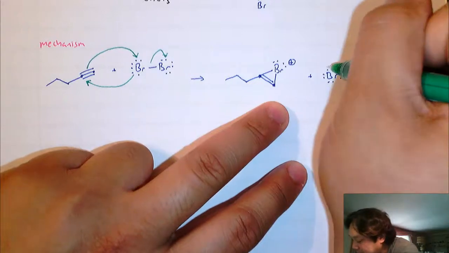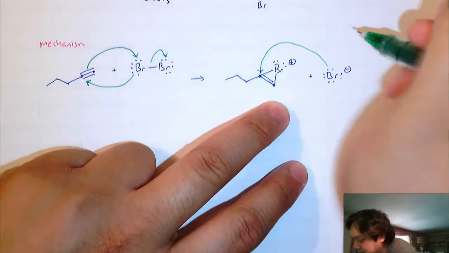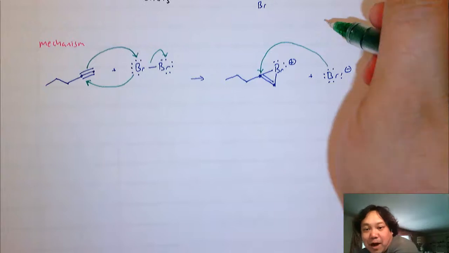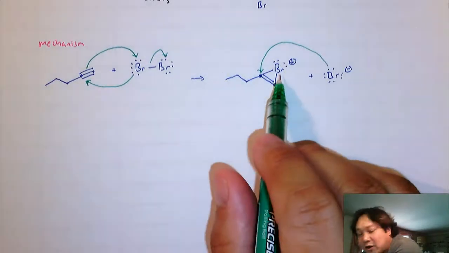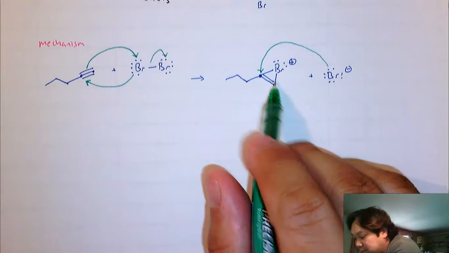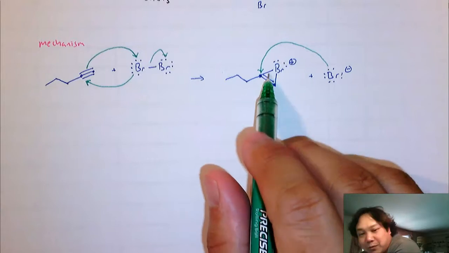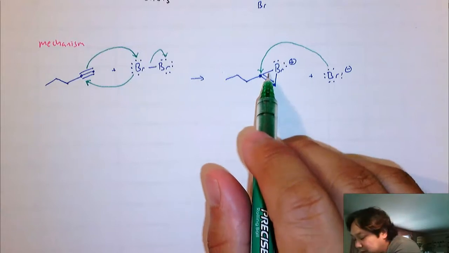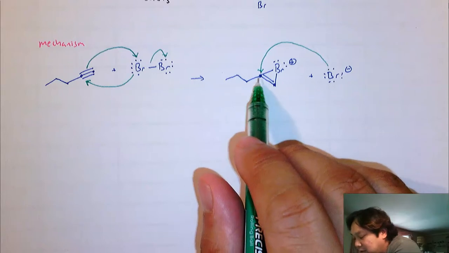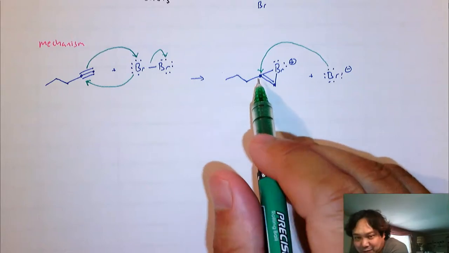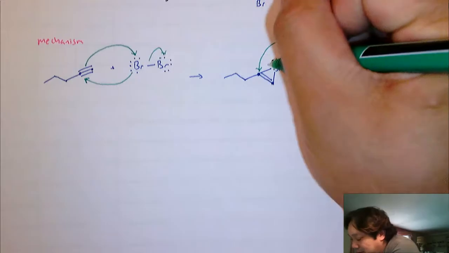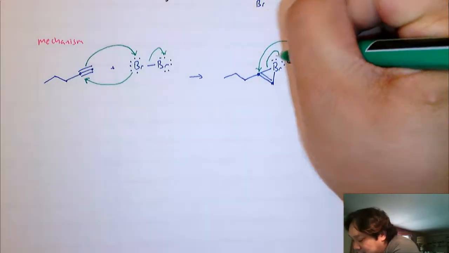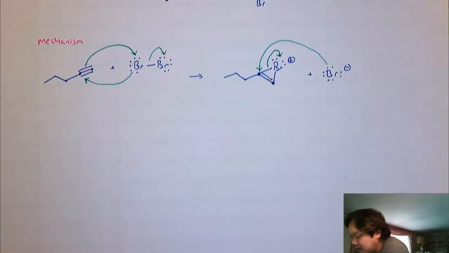Remember what you attack? You attack the more substituted carbon of the pi bond. That's because when you have a charge here, you're actually weakening this bond, and this bond up here is even weaker, because your resulting carbocation would be more substituted. Don't worry about that. It's the same rule that you used in the alkene unit.